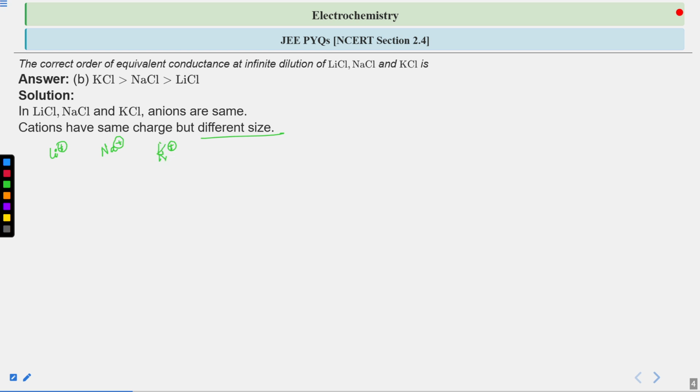So the cations have the same charge, that is plus 1, but their size is different because their configurations are different. They are different elements, so the number of electrons already present on the different elements is different, and that is why whether the charge is positive 1, positive 2, or the same on these elements, the size will always be different.